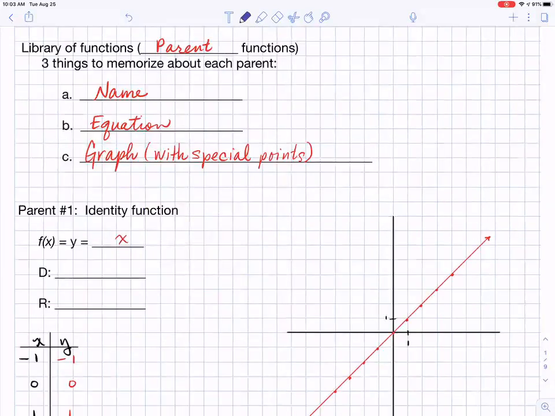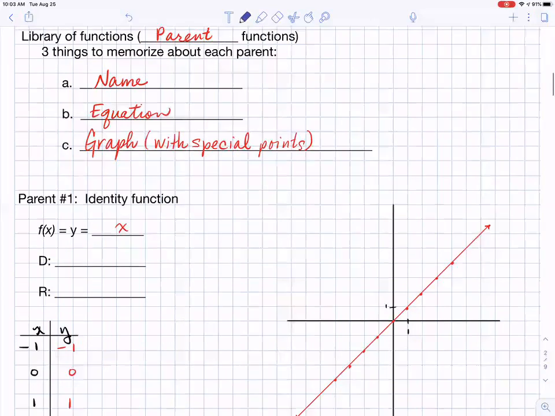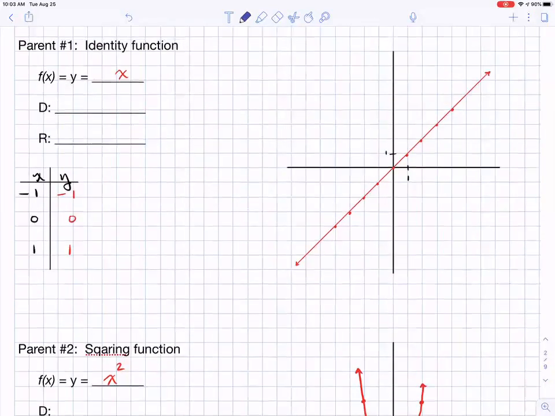So the things that you have to memorize for every single parent, the name, the equation, and the graph itself. And I said memorize. Okay, a lot of math is not memorization. A lot of math is you got to understand. This is one thing you just have to memorize. All right. So I asked you to find the domain and the range for every single parent function. So we've got the identity. We have the graph.